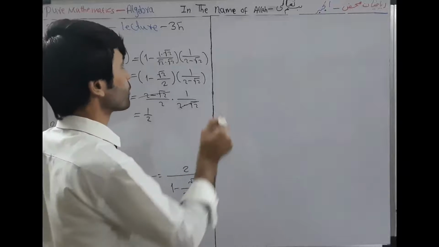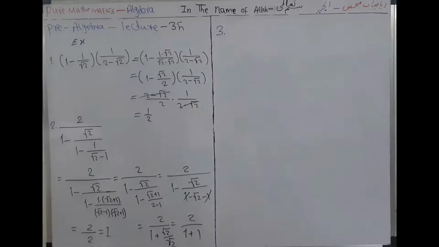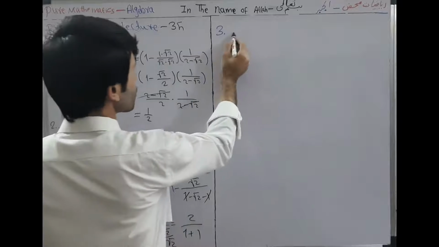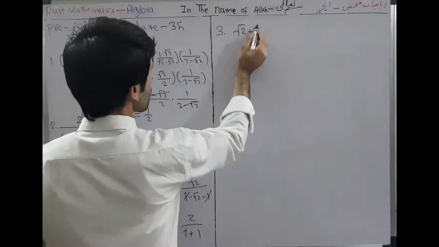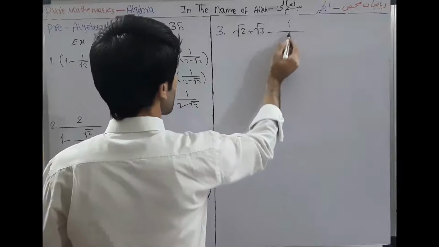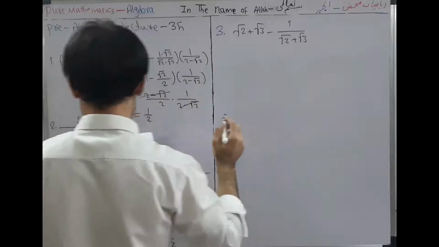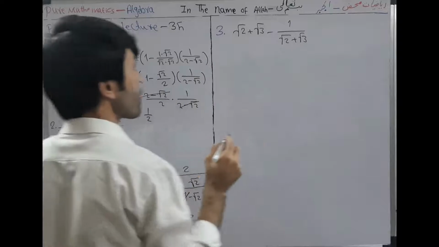Question 3. 2 square root of 2 plus square root of 3 minus 1 over square root of 2 plus square root of 3. We want to solve this question.